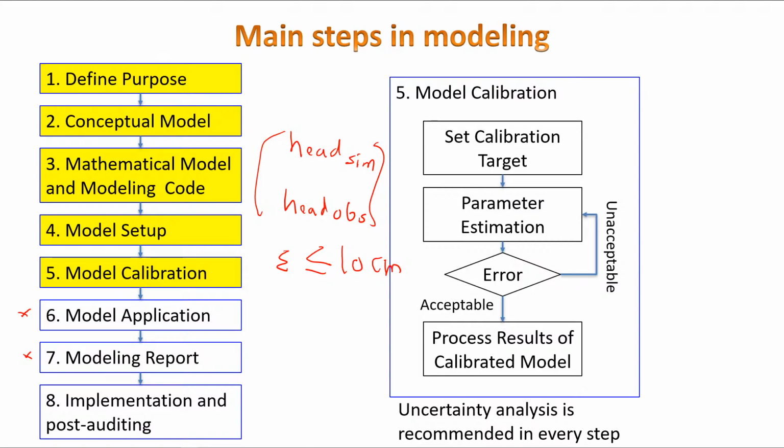And then to achieve this target, you change the parameters of the model. You keep adjusting the parameters of the model until the difference between these two at all my observation points is less than 10 centimeters. So what parameters do you change? You change the hydraulic conductivity, the boundary condition, anisotropy, for example.